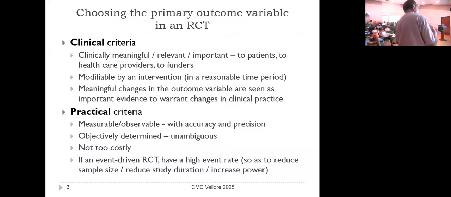But then there are practical criteria. It should be observable and measurable with some sort of accuracy, precision, and objectivity. It should be unambiguously defined. You're going to say, oh, no, we're going to look at whether they're hospitalized. Who decides hospitalization?